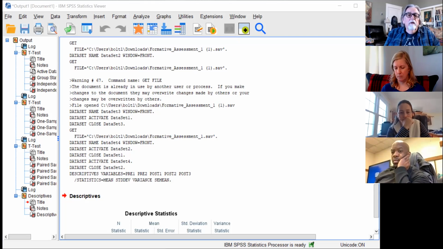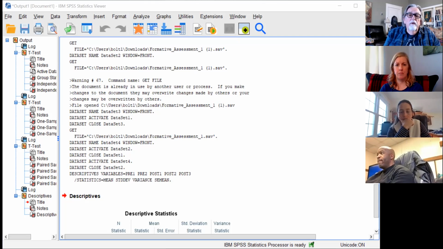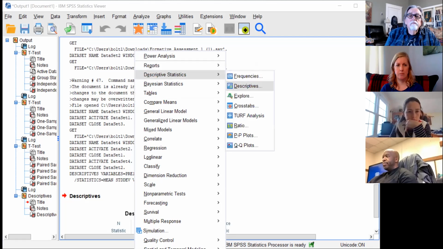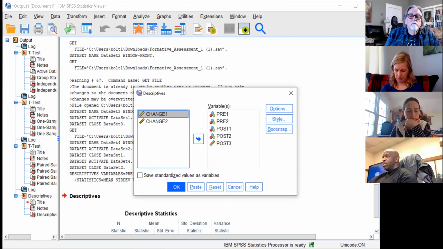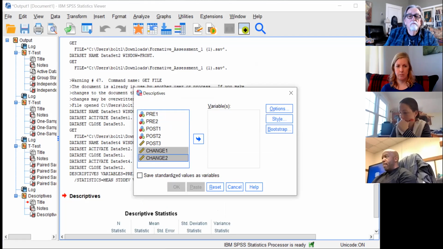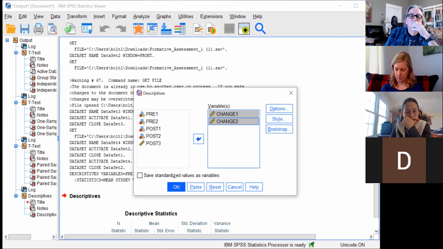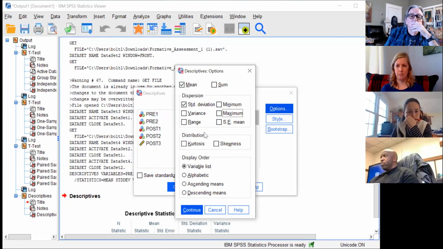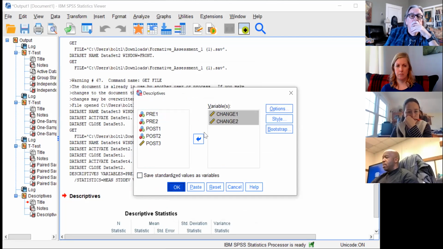Okay, I'm back looking at the data set. Once again, I'm just grabbing change 1 and change 2 and getting standard deviation and mean. And that's all I need. Okay.